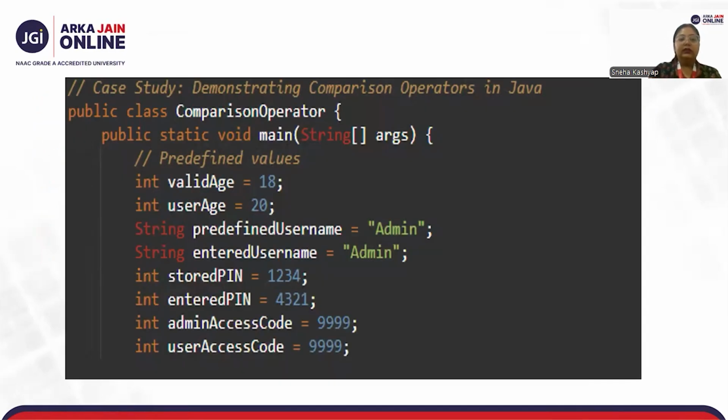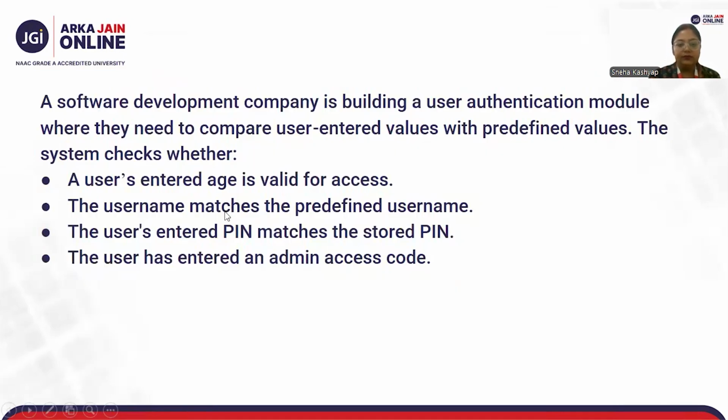So this is the case study which will basically demonstrate the comparison operator in Java. Since it's a comparison operator, I've taken the class name as ComparisonOperator and I've given the access specifier to the class as public. Now moving to the main function, I have certain predefined values, that is valid age and user age. Valid age is for the first condition, whether the user's entered age is valid for access or not.